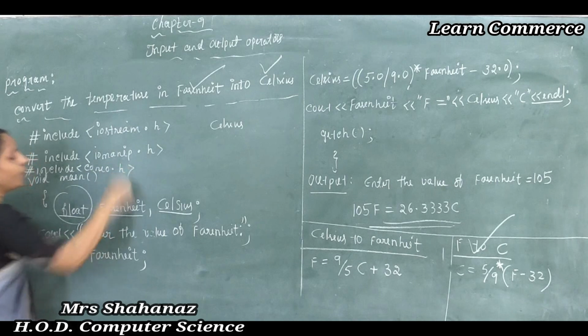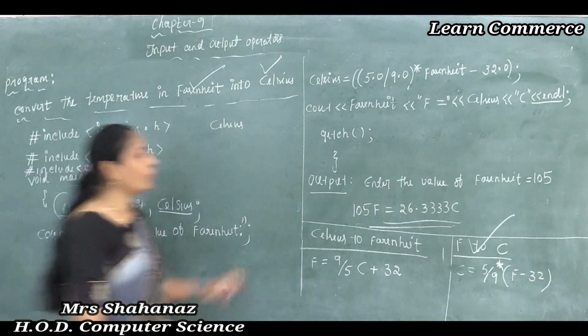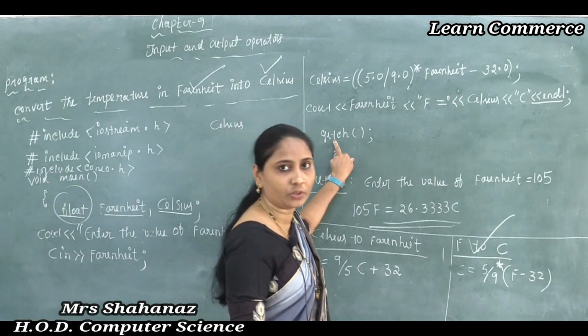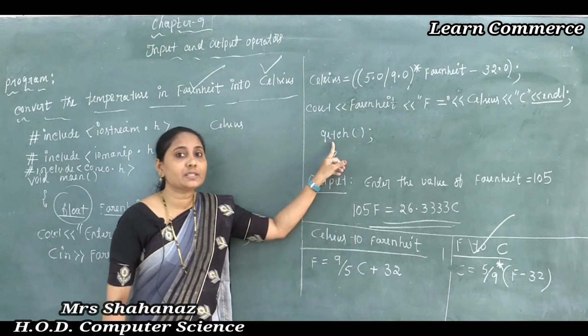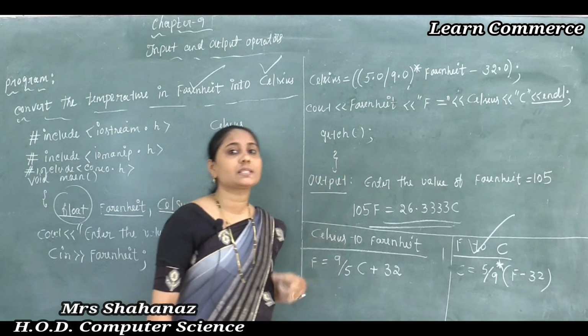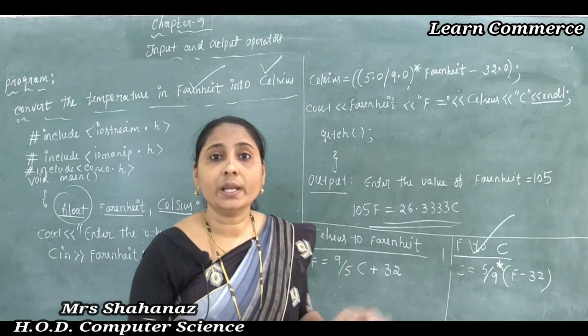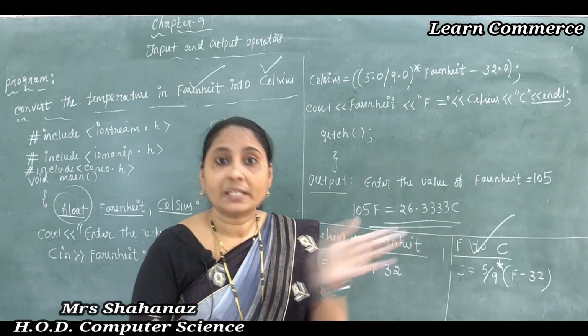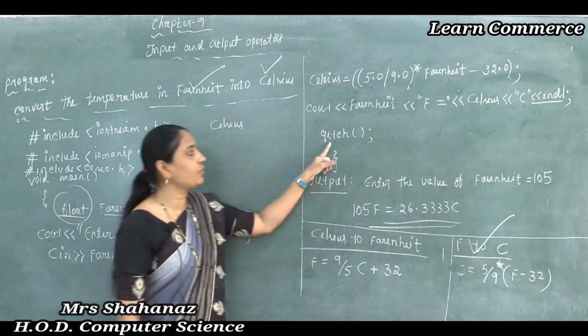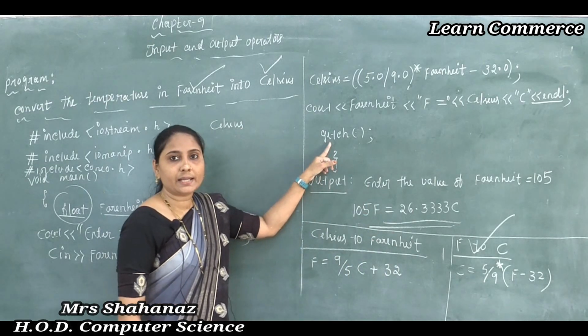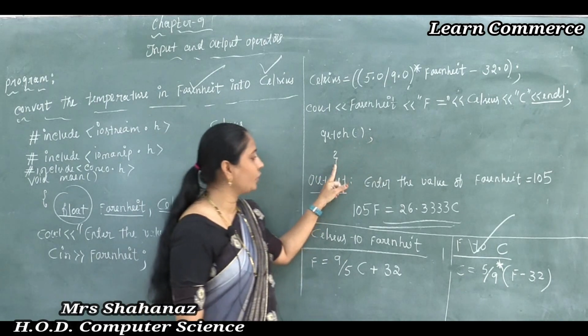Clear this point here, the header file #include conio.h, as we know it reads a character from the keyboard but does not display the character on the screen, and it just returns the character when you press the enter key. So this is the function getch, open close, semicolon, closing of the flower bracket.